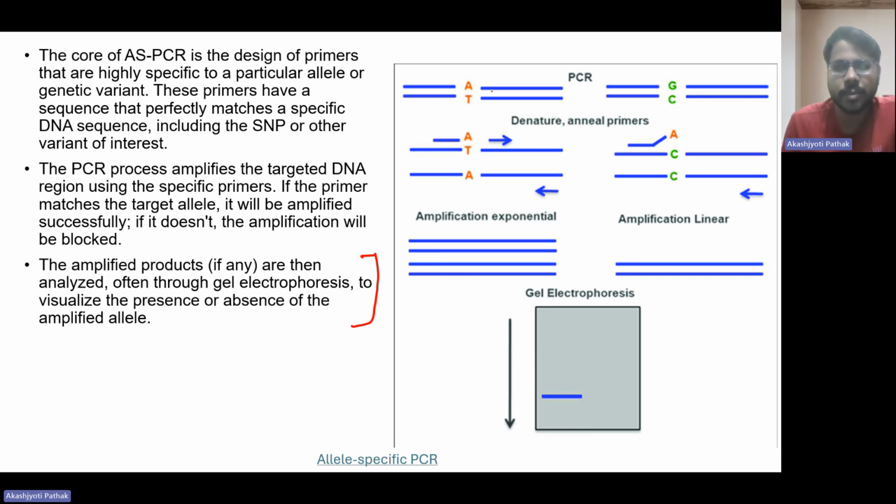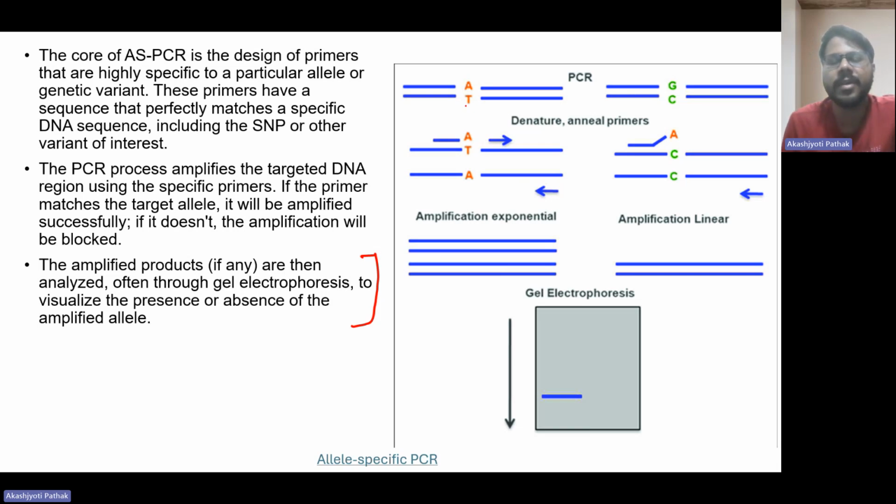This is the wild type gene. This portion of the gene has this T base pairing, while the mutant gene, instead of this AT, has mutated: adenine is mutated to guanine. Now what will happen? You have created a primer which is complementary to this particular region of the gene.